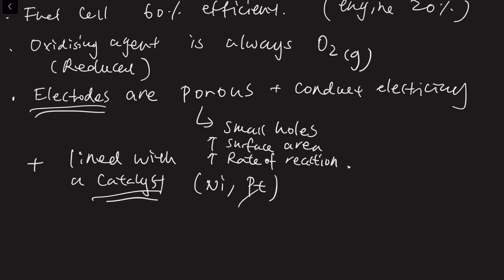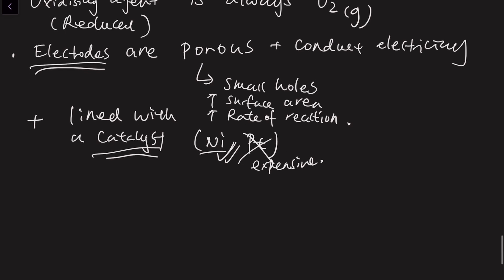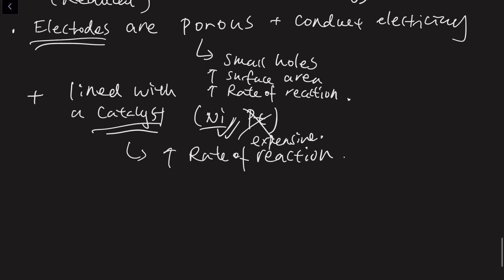So why don't we use platinum? Because it is too expensive. And nickel is much cheaper, so we use nickel instead. So we use a catalyst to further increase the rate of reaction by providing an alternative pathway for the reaction to occur with lower activation energy.